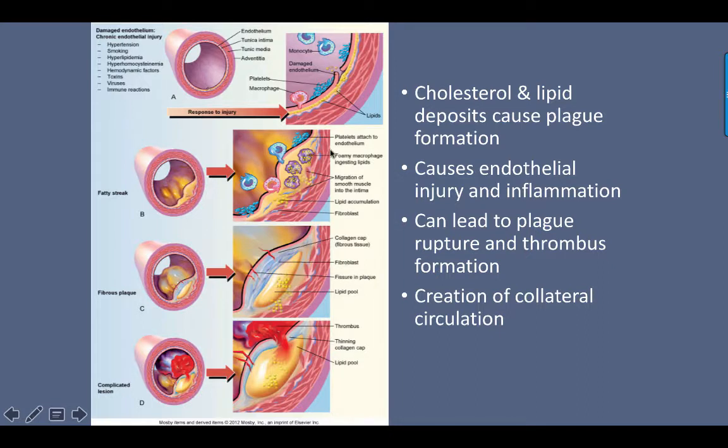This is going to continue to worsen unless we treat it properly. So fibrinous plaques begin to develop, and over time, the body or the endothelium becomes injured. And this is just normal wear and tear on the body. People smoke.